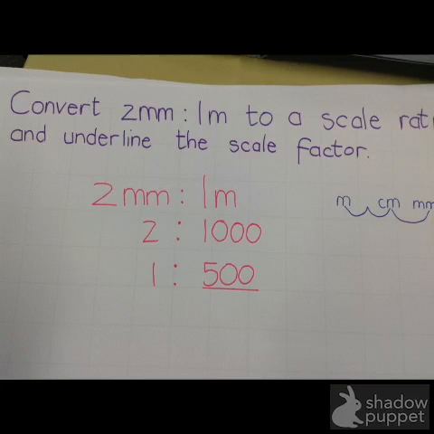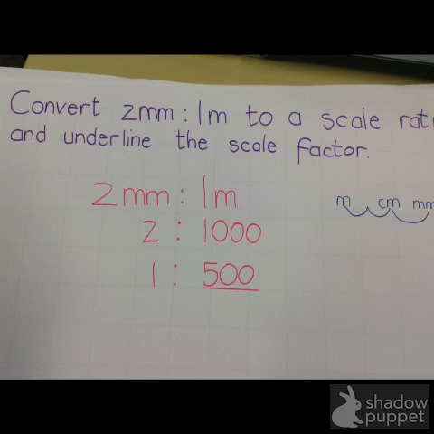If we had to convert 2 millimeters to 1 meter to a scale ratio and underline the scale factor, that is the factor, how many times we have to multiply to get it. So we write 2 millimeters to a meter. We always write that down. In your second line, you can leave out the units.